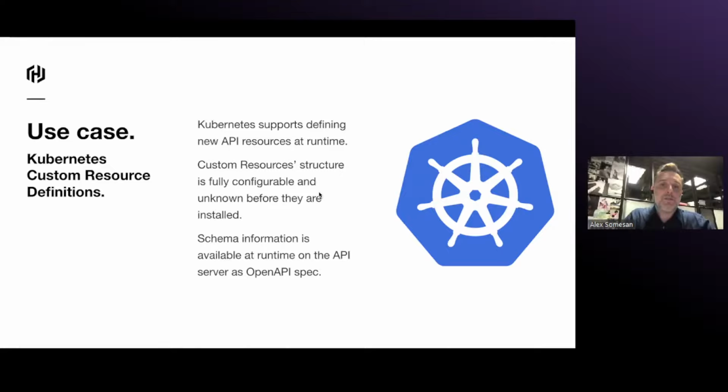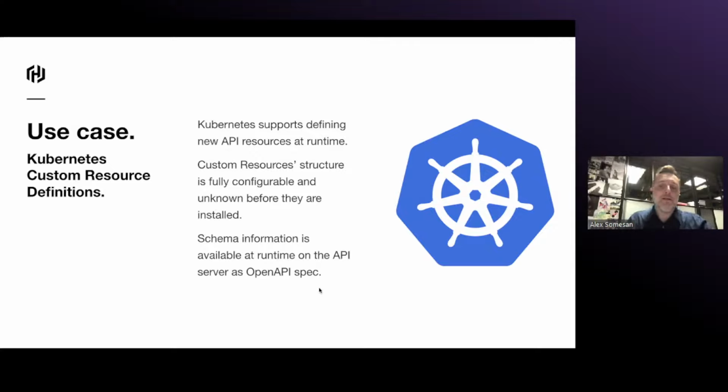So custom resources are essentially fully configurable in terms of structure, and they are user dependent 100%. There's nothing about them that comes pre-baked into the cluster. Therefore, we don't know anything about their schema or their structure before they've actually been installed on the cluster.